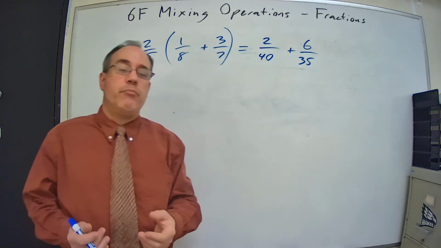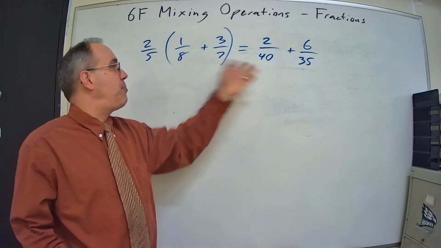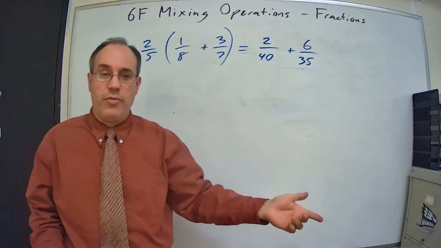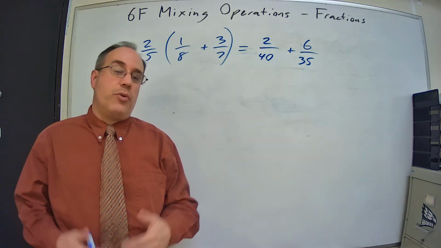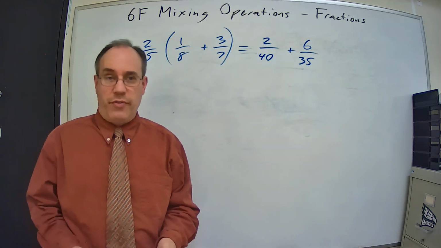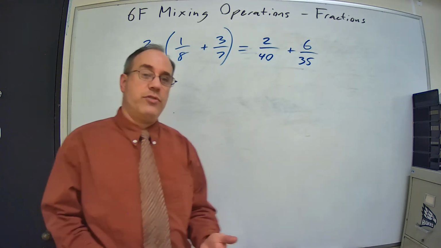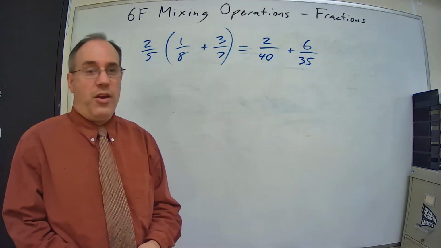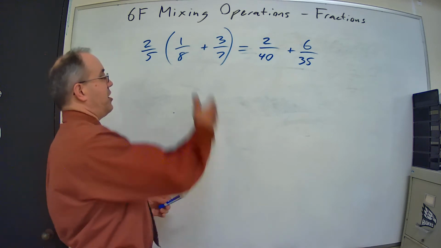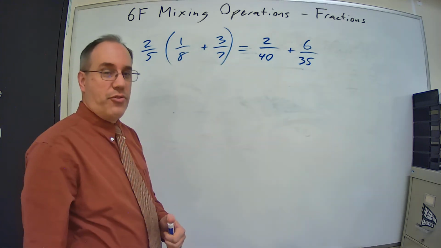Now the reason it's important to have this type of process down where we distribute it through is when we start dealing with algebra and we have variables involved. As soon as we put a variable in it, we can't just add those up.